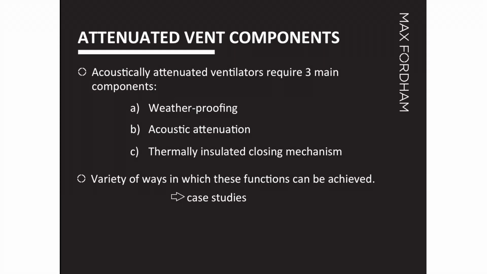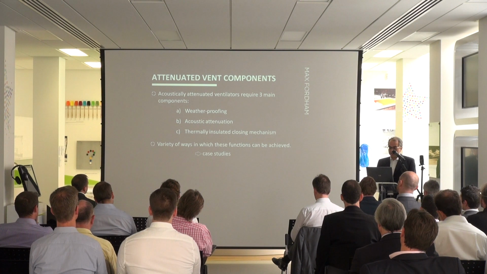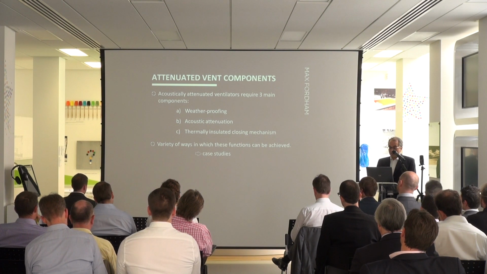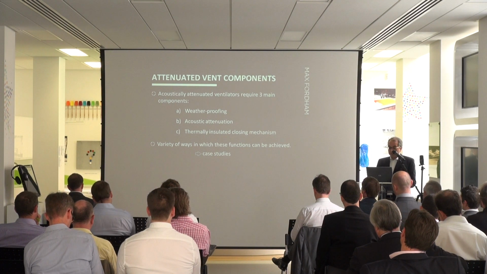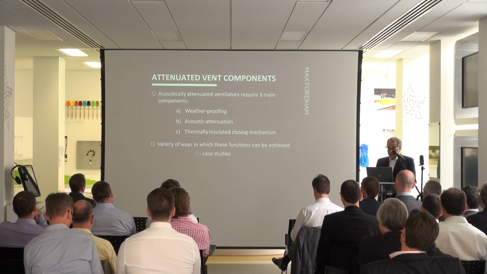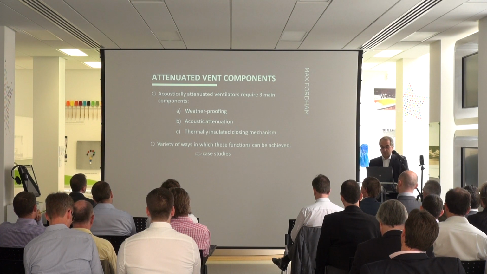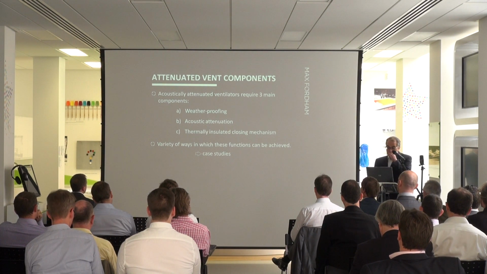And they provide different acoustic absorption performances. So what do we need from an attenuated vent in practical terms? We require that the attenuated vent is weatherproof, that it provides acoustic attenuation, and that it is thermally insulated, and so there's a closing mechanism that allows it to provide thermal insulation.